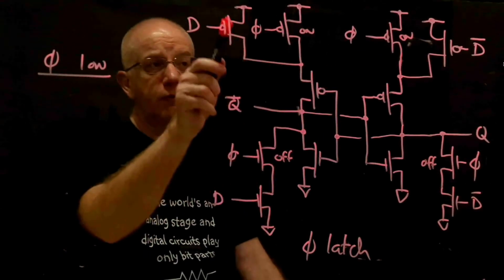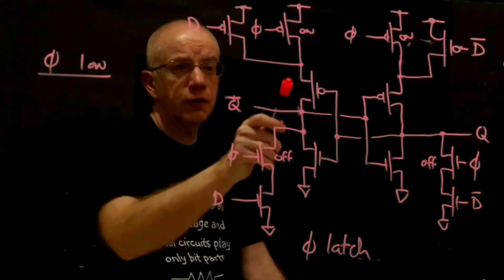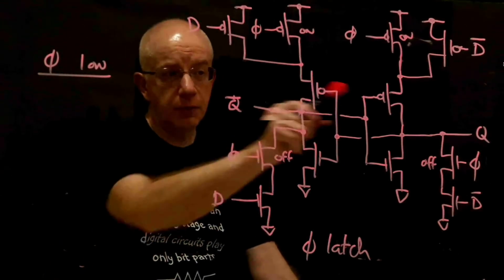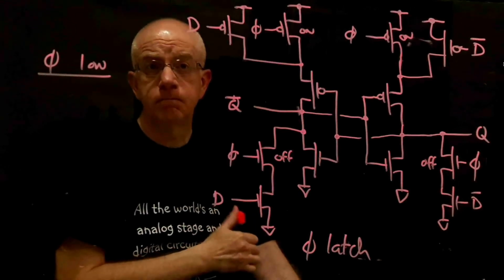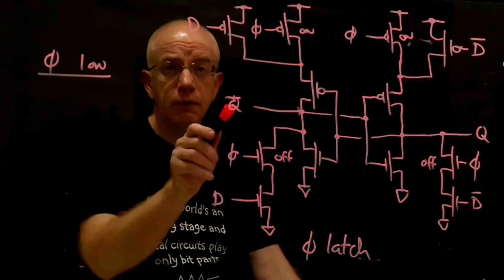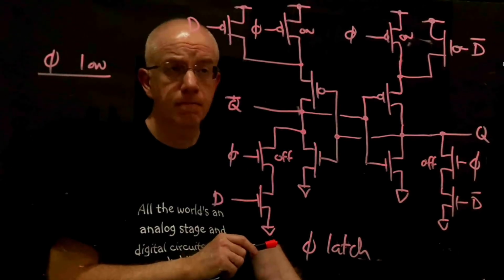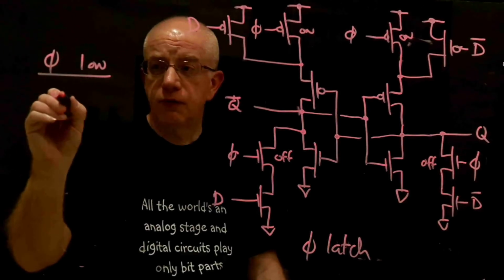So regardless of what D and D bar are doing, these two clock transistors are holding the sources of these cross-coupled inverters, the bistable element here at the core, up to VDD. Okay, so it's going to maintain its state. Whatever Q and Q bar are, it's holding. Okay? So this is the opaque phase.